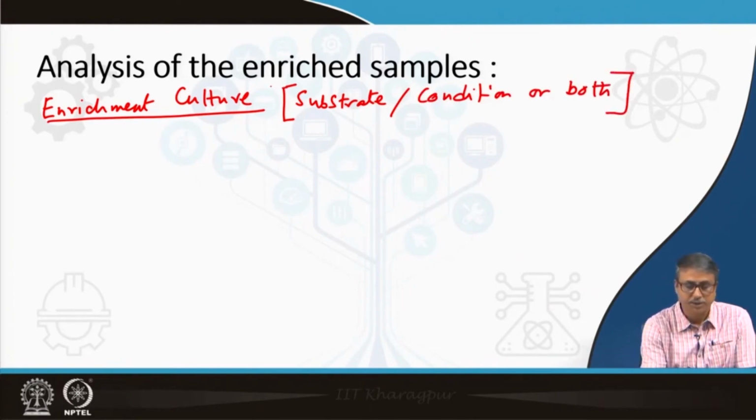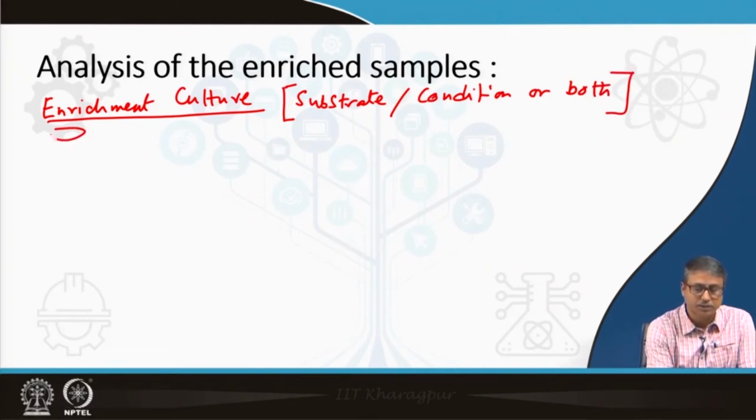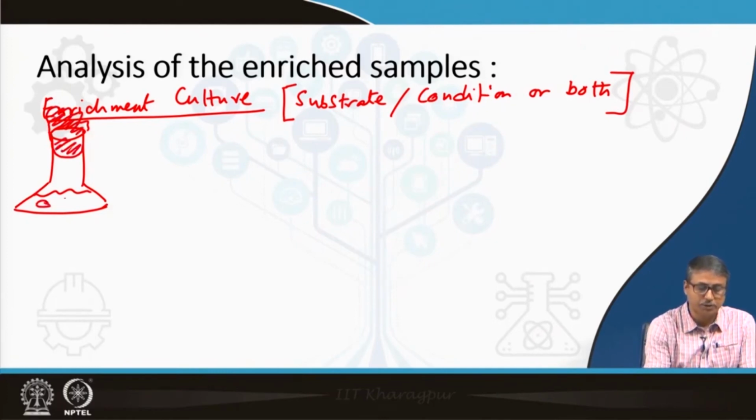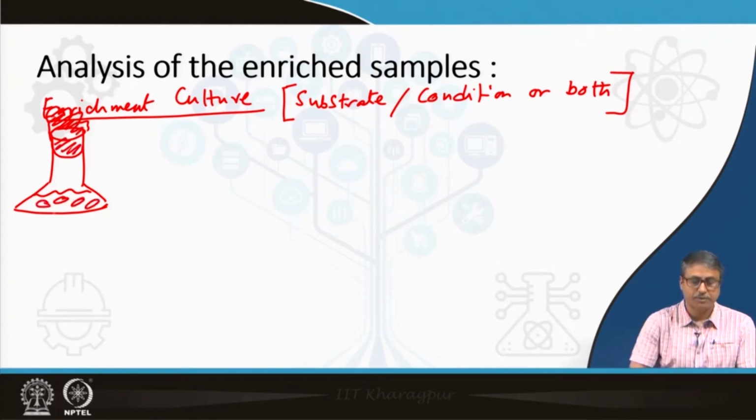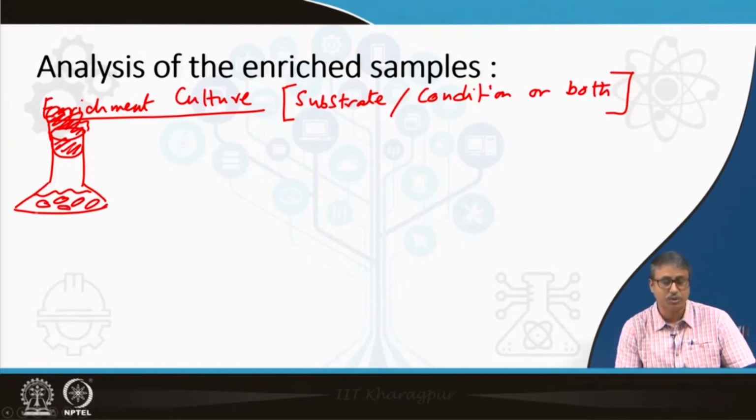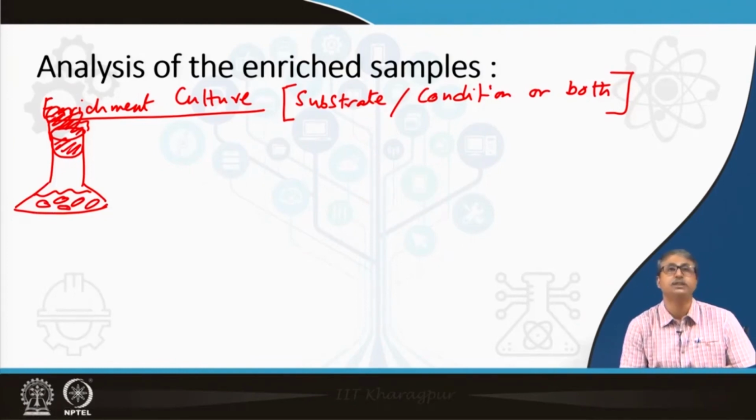Now, once we have this enrichment culture, it could be in a tube or in a flask. So this is the culture where my organisms are surviving, but I do not know about them. I want to know. So, what do I do to understand what is going on in this culture?